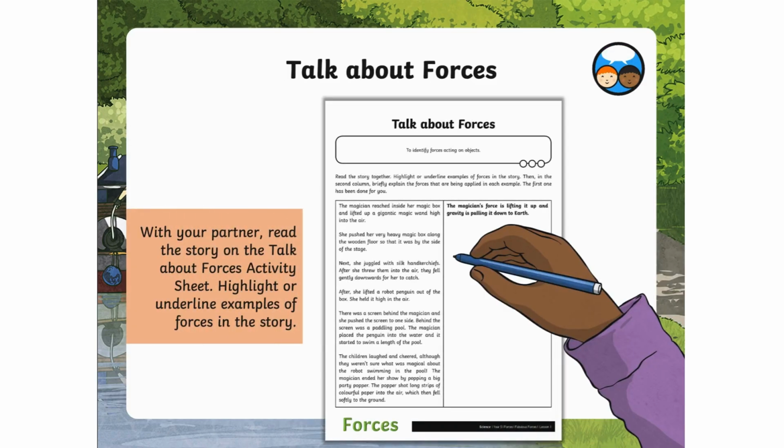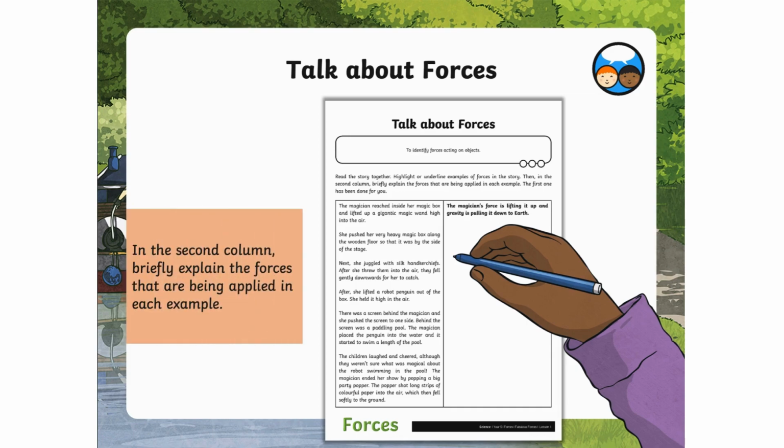Let's talk about forces. With your partner, you're going to read the story on the Talk About Forces activity sheet. Highlight or underline examples of forces in the story. In the second column, you'll briefly explain the forces that are being applied in each example. It's important.